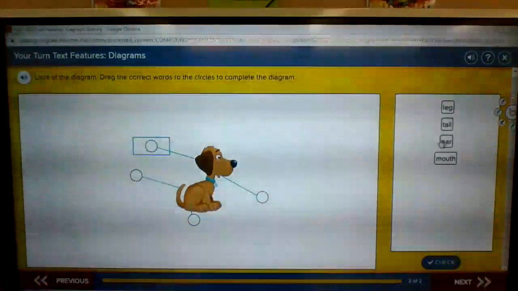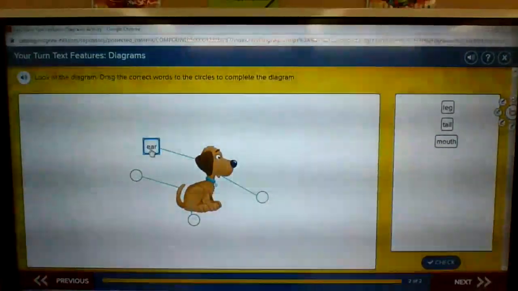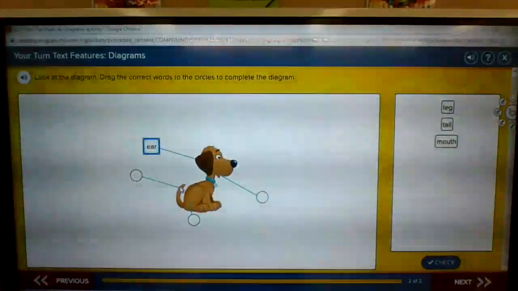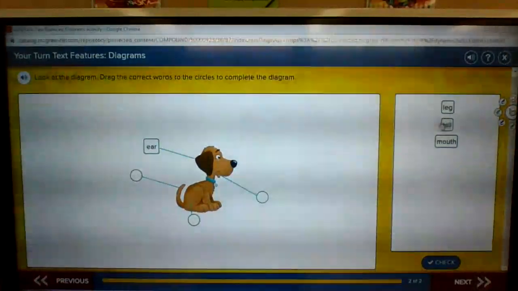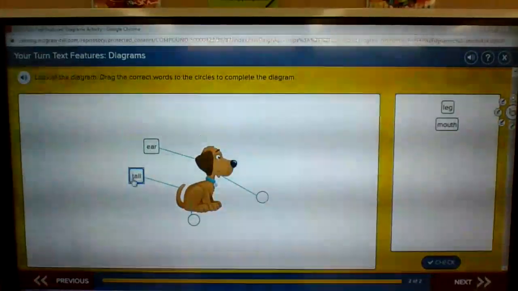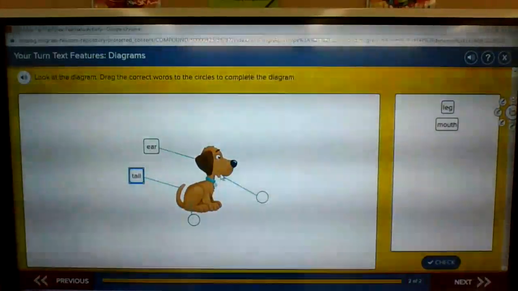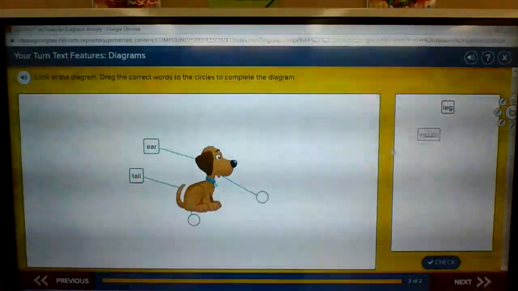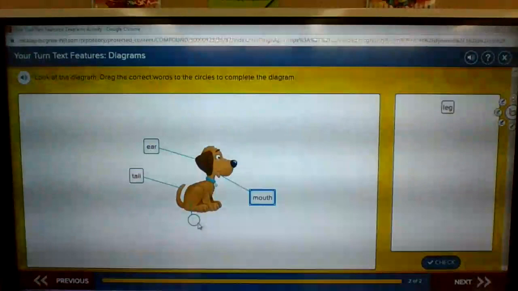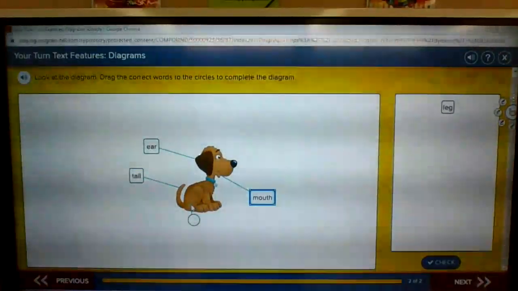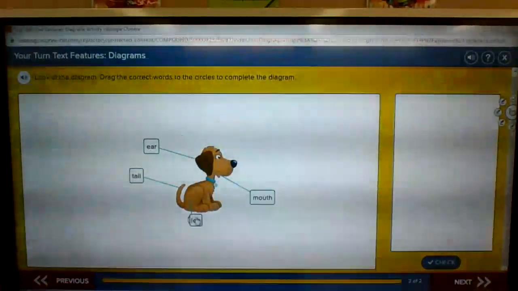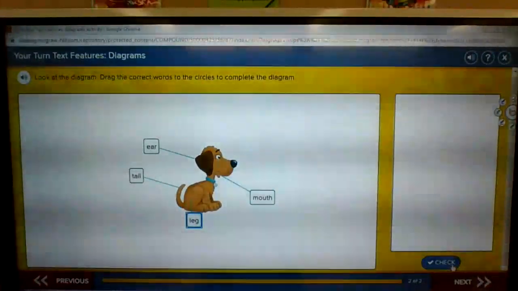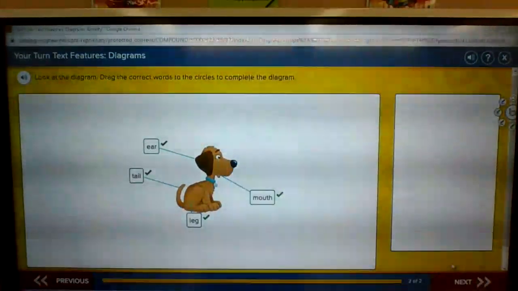Okay, right here is his, yep, tail. Oh, what's it pointing to right in there? Leg or mouth? His mouth. And then this would be his leg. Good job. Good job.